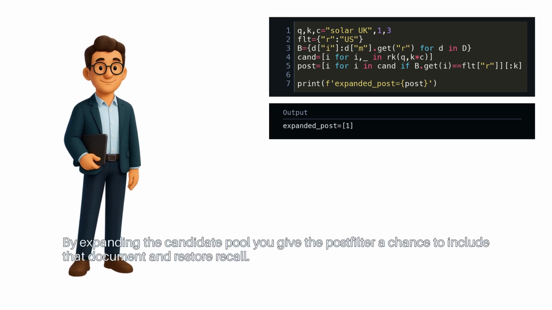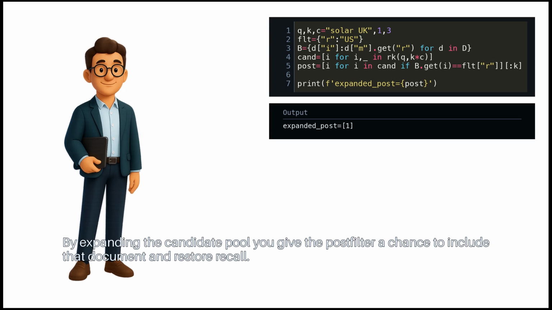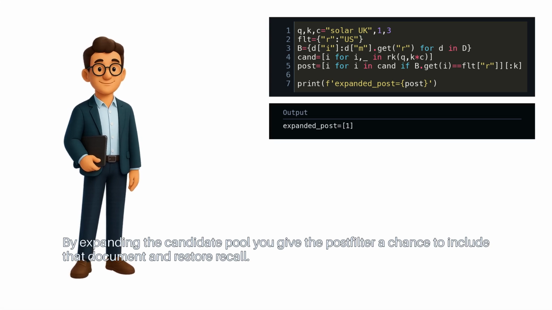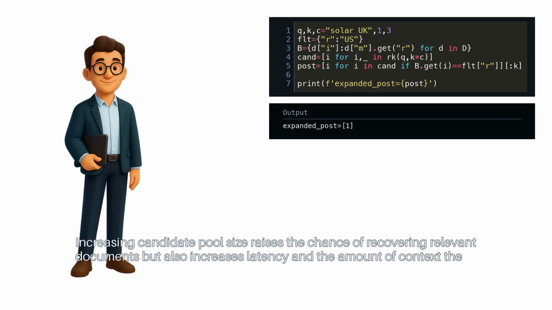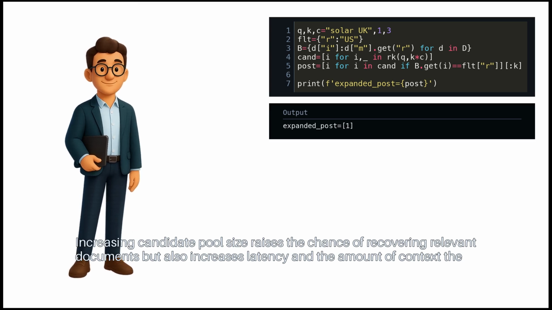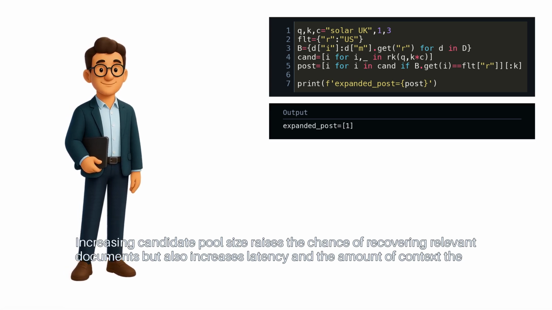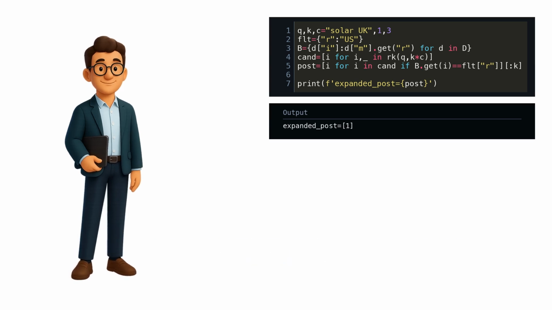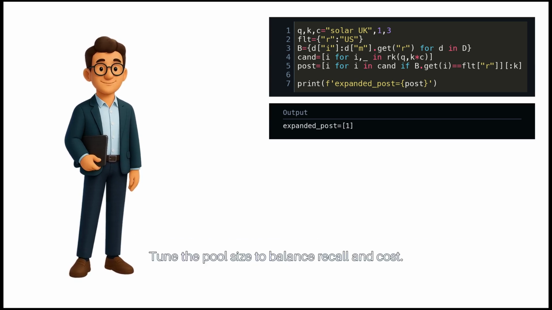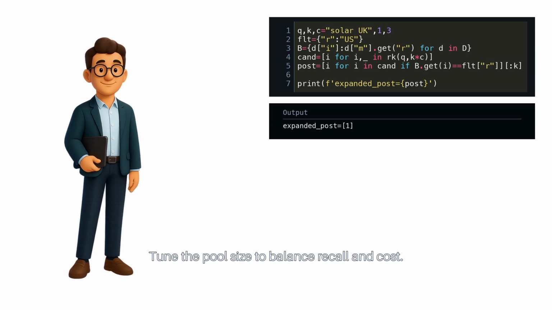By expanding the candidate pool, you give the post-filter a chance to include that document and restore recall. The code highlights the trade-off. Increasing candidate pool size raises the chance of recovering relevant documents, but also increases latency and the amount of context the generator must handle. Tune the pool size to balance recall and cost.